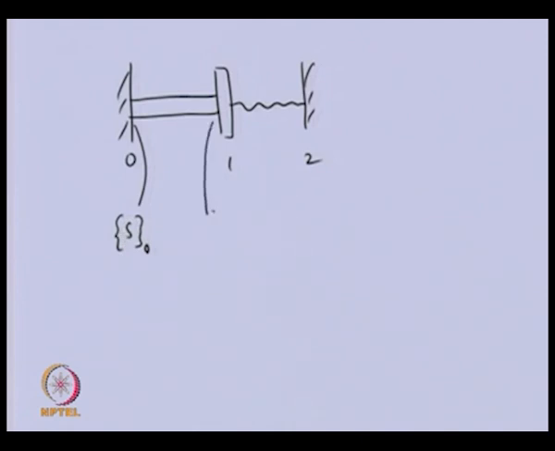Here we will have the state vector left of station 1. Here we will have the state vector right of station 1, and this is the state vector at station 2. Because there is no disk here, no left and right will be attached.